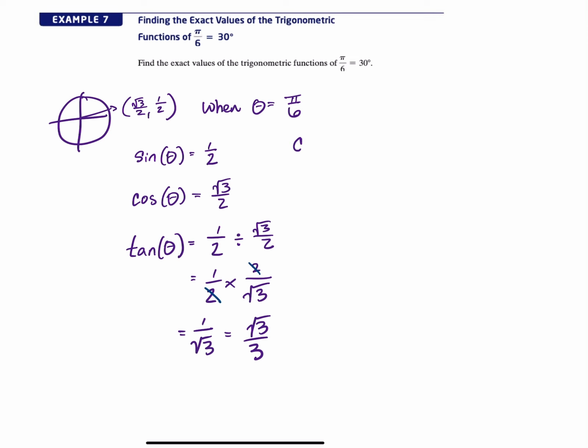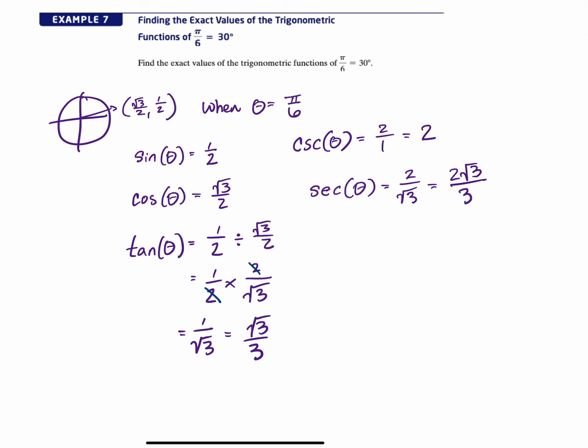Now the cosecant is the reciprocal of the sine, so 2 over 1, or just 2. The secant is the reciprocal of the cosine, so 2 over root 3, and let's rationalize, so 2 root 3 over 3. Not writing that intermediary step just because we did that earlier. And eventually you'll get used to this rationalization pattern.